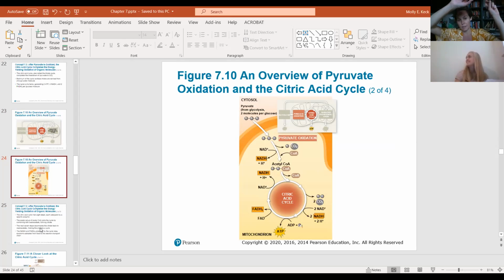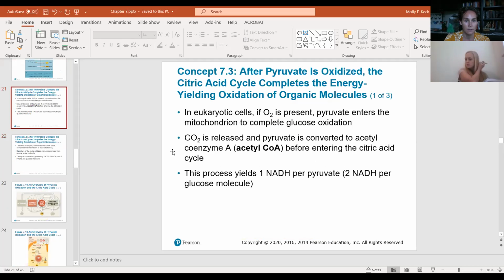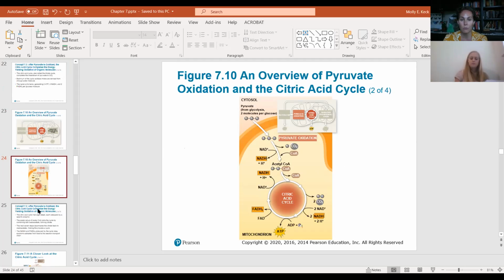They're all in the cytosol as glucose and then pyruvate. Now they're small enough that they can enter the mitochondria. When they enter the mitochondria, carbon dioxide is given off. And then we add something called CoA, which is up here, that coenzyme A, to make the pyruvate turn into something called acetyl-CoA.